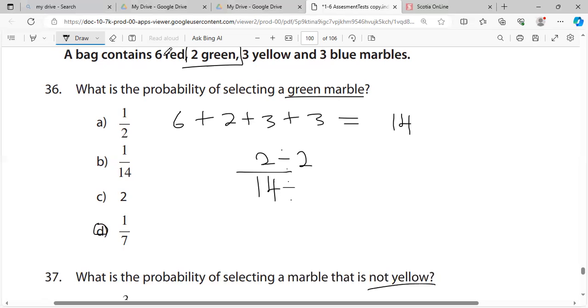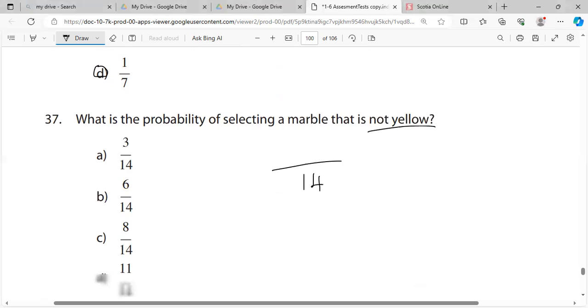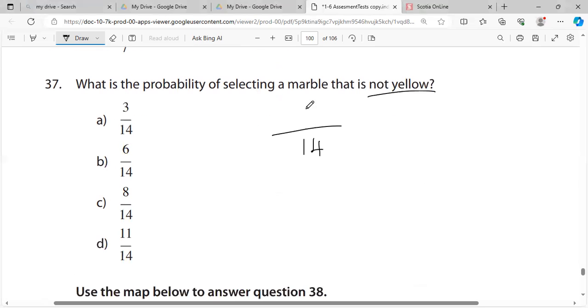The yellow are 3, so it's 11. We have 11 options apart from the yellow ones. So it would be 11 over 14. So all the remainder is a possibility. Let's move on to 38.